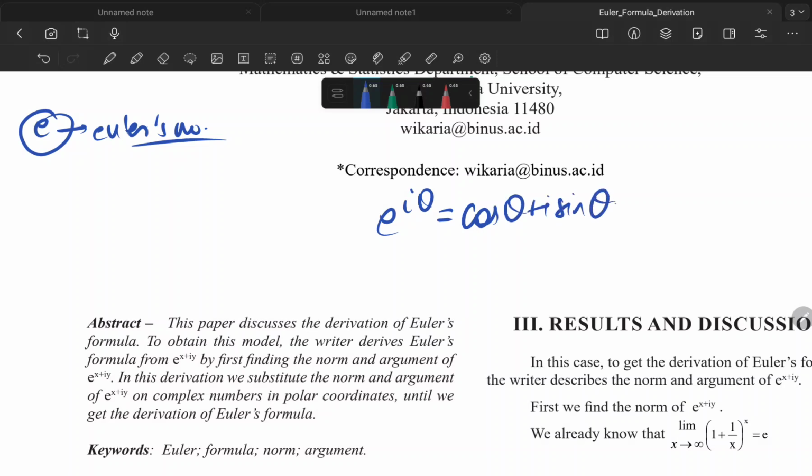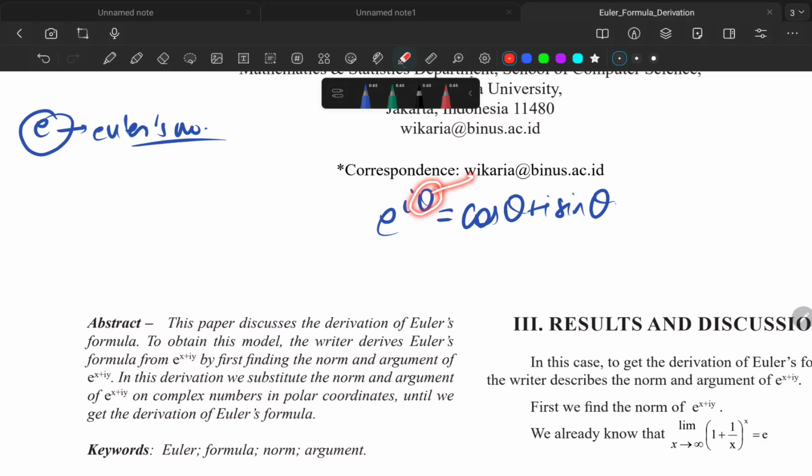Tell me a value for which this argument becomes 1, and then we get e. How? i is not a constant but an imaginary unit, and theta is the variable.